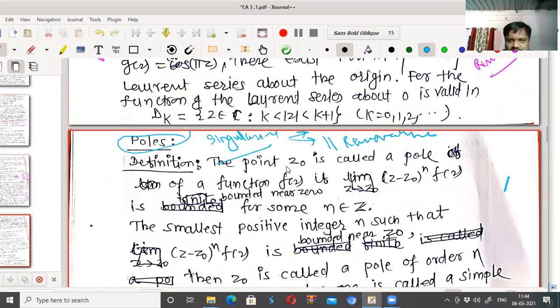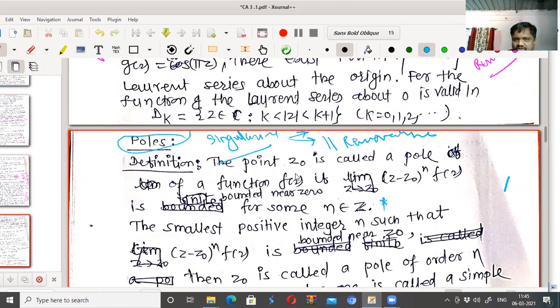A point z0 is called a pole of a function f(z) if (z minus z0) to the power n times f(z) is bounded near z0 for some integer n. So what is a pole here?